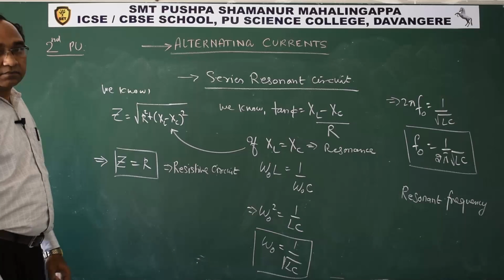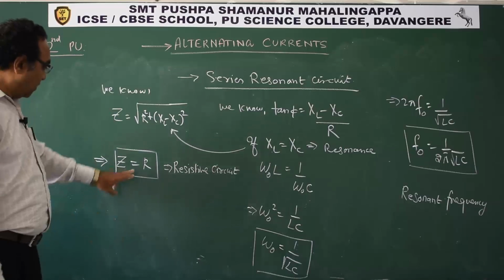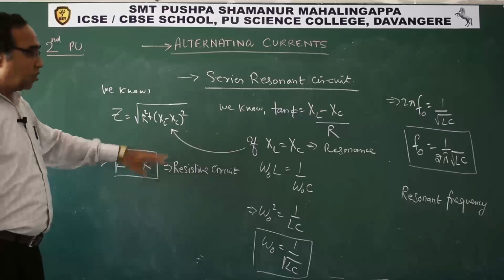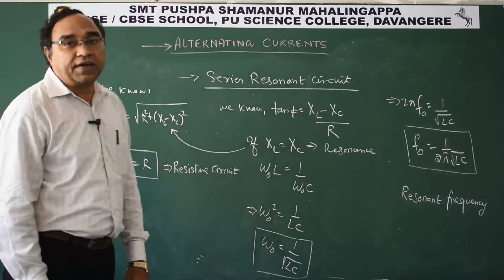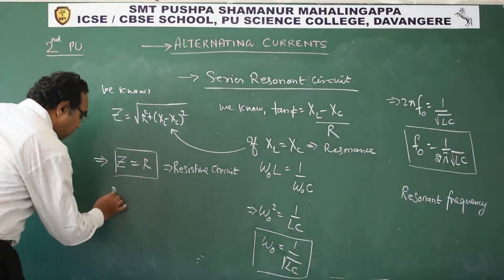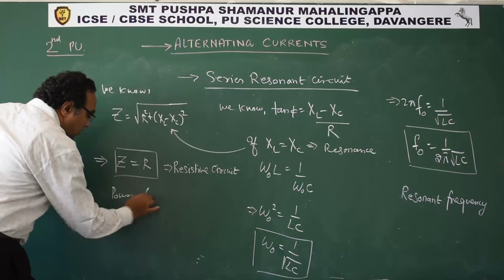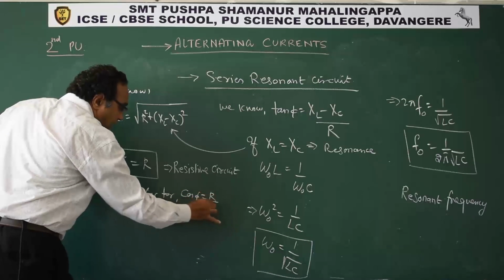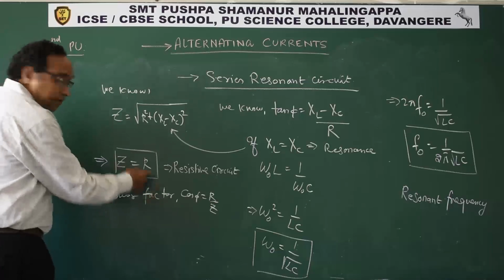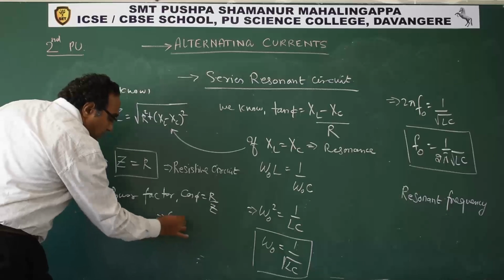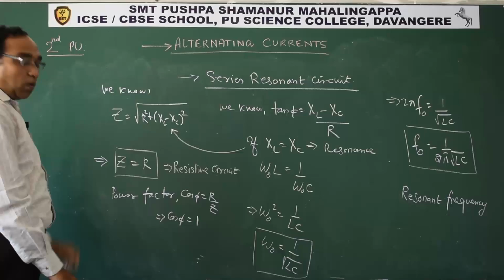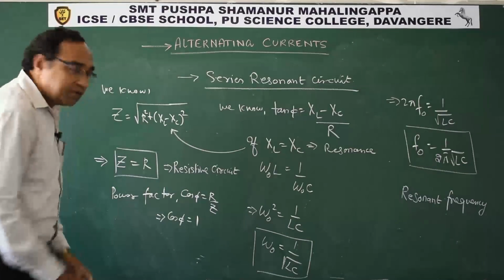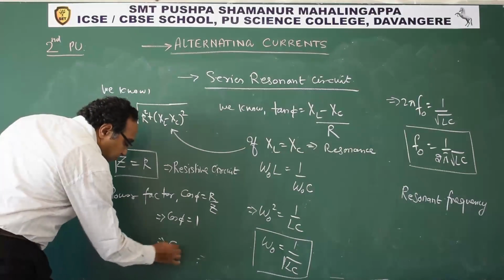Tan phi, you can find the value of Z is R. Na? Power factor cos phi is R by Z. Z is R. So from this we can say what? Cos phi is 1. What is the value of phi? 0 degree. See?